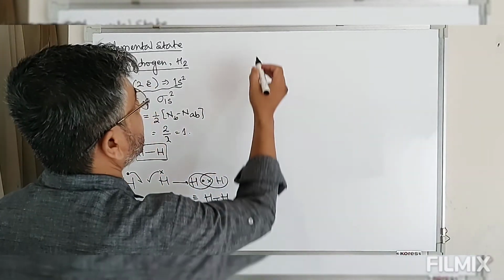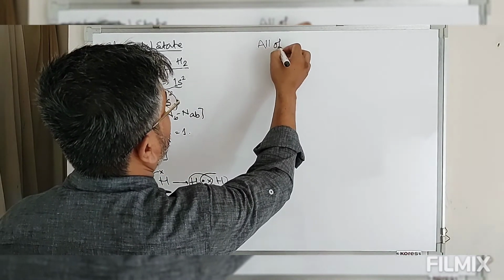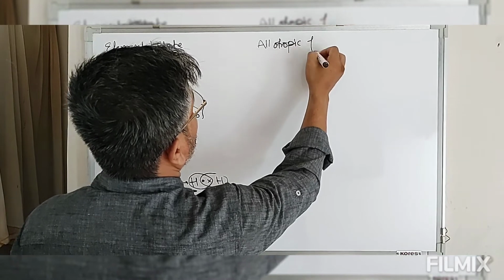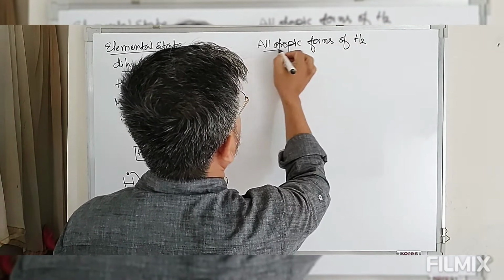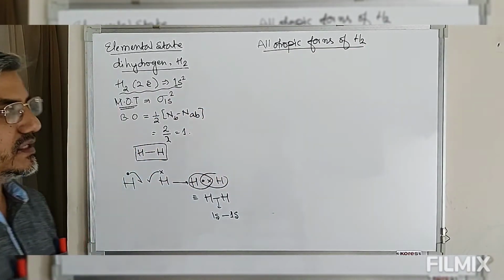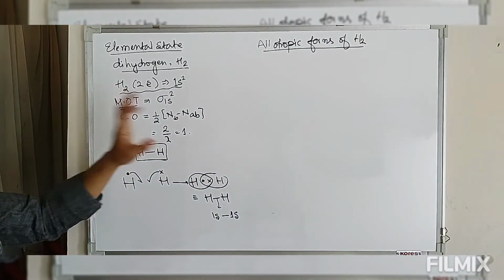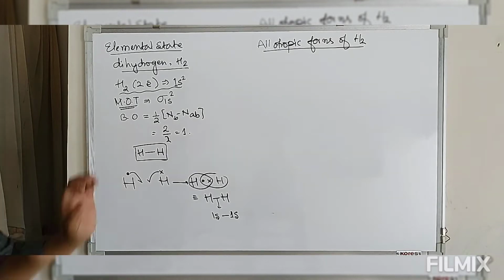Now this dihydrogen exists in two forms, that is, allotropic forms of dihydrogen. This dihydrogen shows two different allotropic forms.